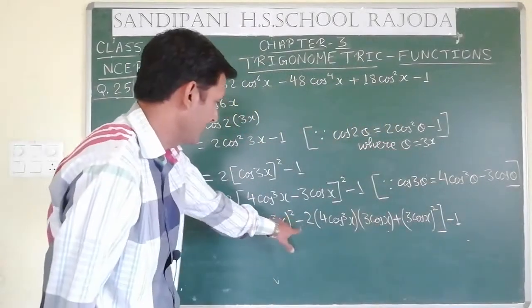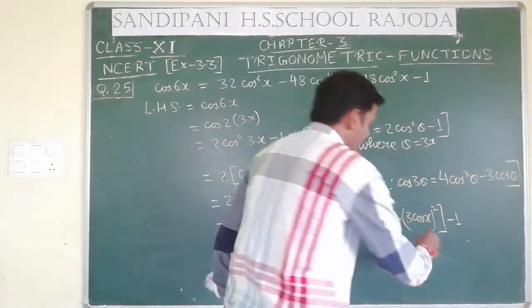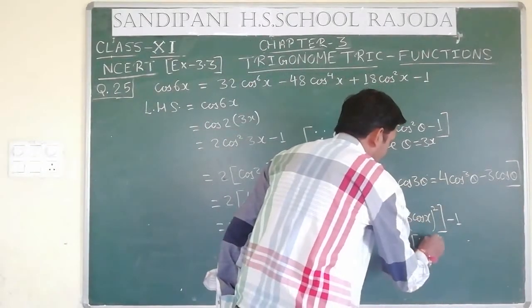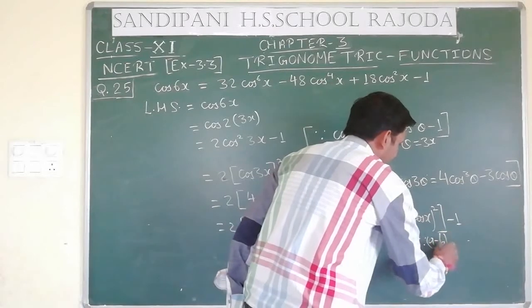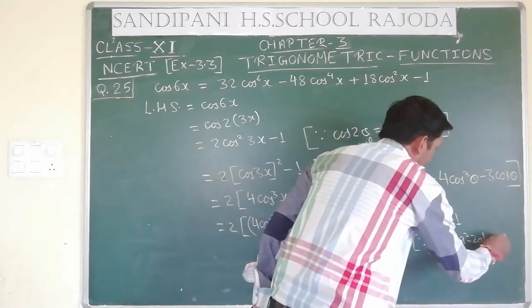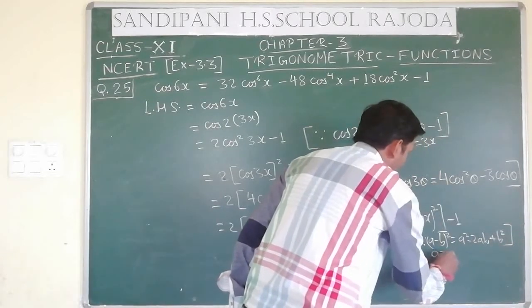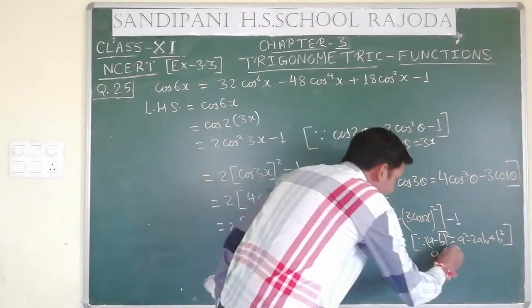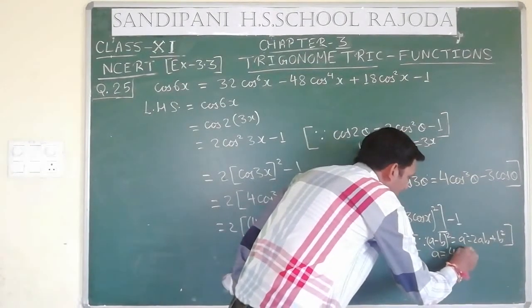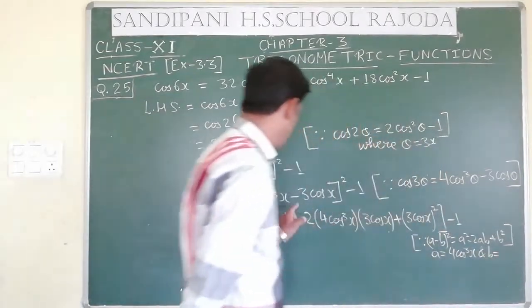Here we have to assign that formula. A minus b whole square is equal to a square minus 2ab plus b square. Here a is equal to 4 cos cube x and b is equal to 3 cos x.